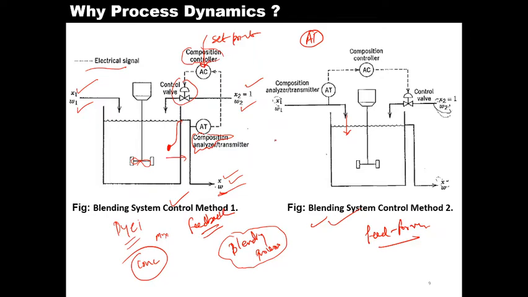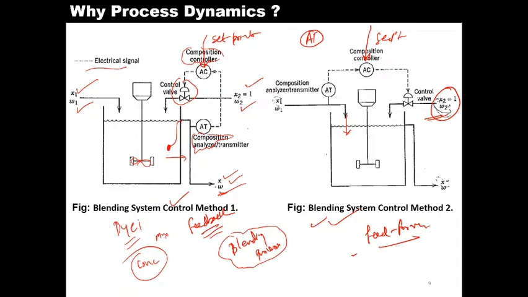So before it enters the system, we have already measured it. We have a set point, and we calculate the error. After that, the error signal is sent to the control valve, and based on that the second flow, the concentration, should be controlled. How much should it be? So basically, in most systems, feed forward control and feedback control are not used separately.